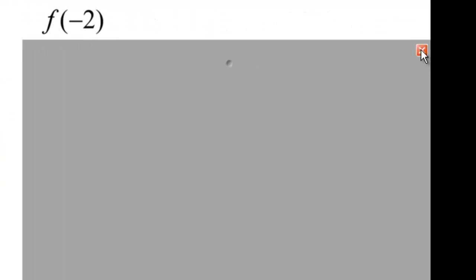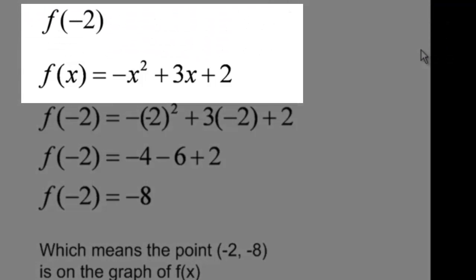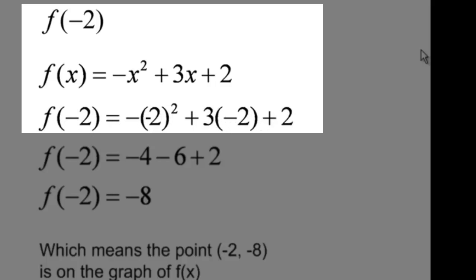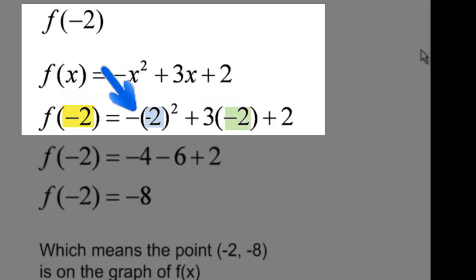Now let's focus on inputting negative 2. Again, it is simply a substitution problem. I input negative 2 in for x. And so notice how I've got a couple of double negatives going on. I have f of negative 2 equals the opposite of negative 2 squared plus 3 times negative 2 plus 2.